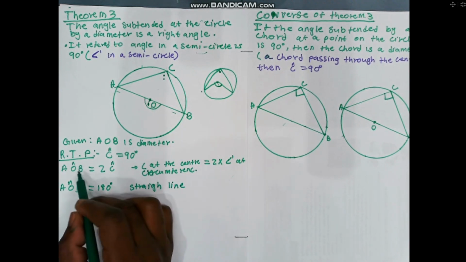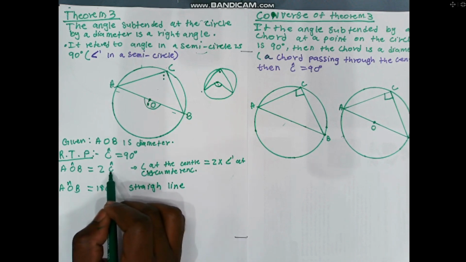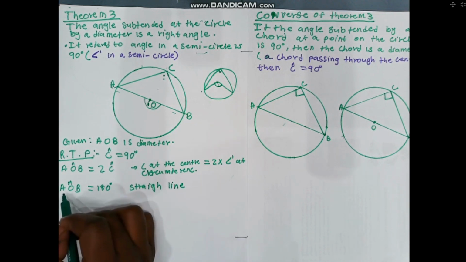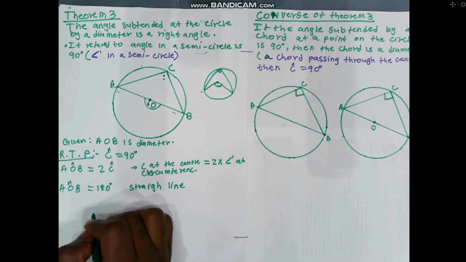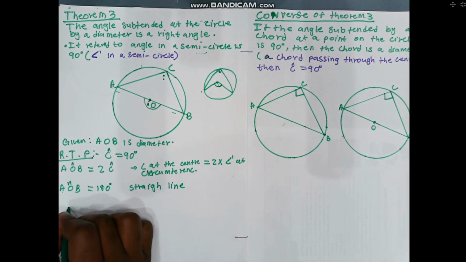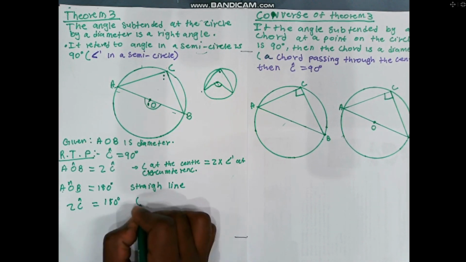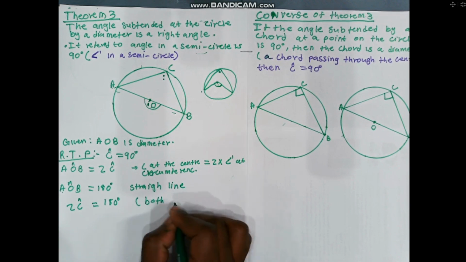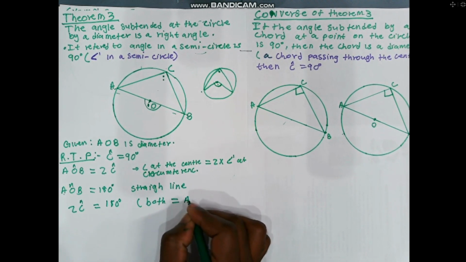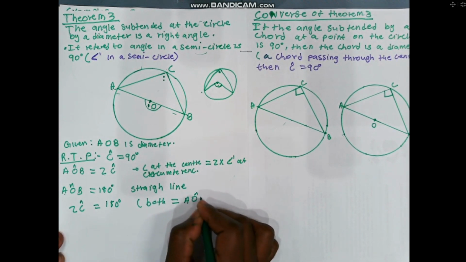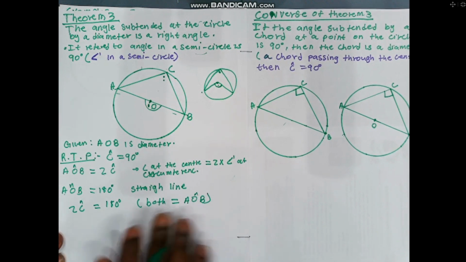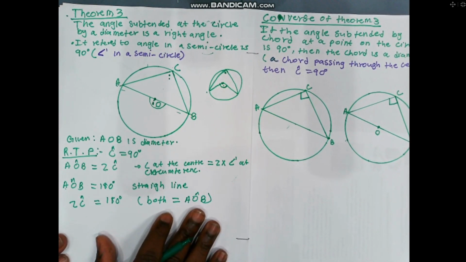Now AOB is equal to 2 times C, and also AOB is equal to 180. Then therefore 2C is equal to 180. Both are equal to angle AOB. I hope you see that one.